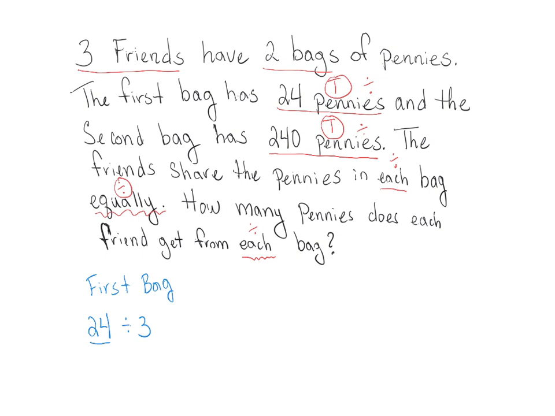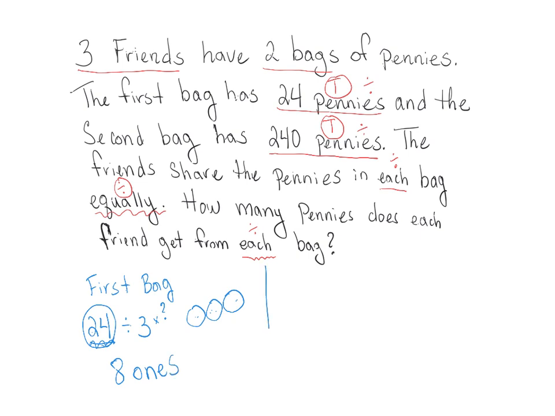Here's our total, and we're putting them into 3 equal groups. We need to think, 3 times what gives us 24? Well, we know 3 times 8 is equal to 24.